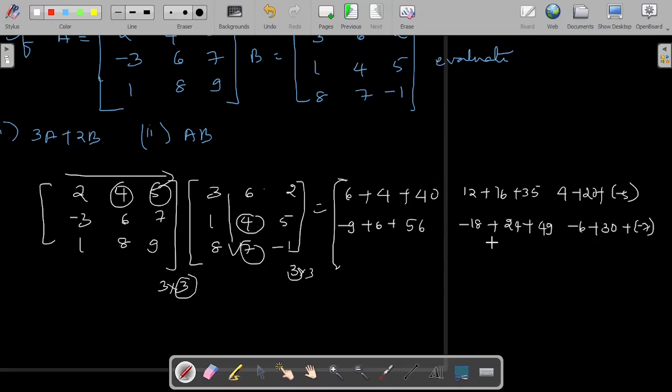Then third row first column 3 plus 8 ones are 8, plus 9 eights are 72.